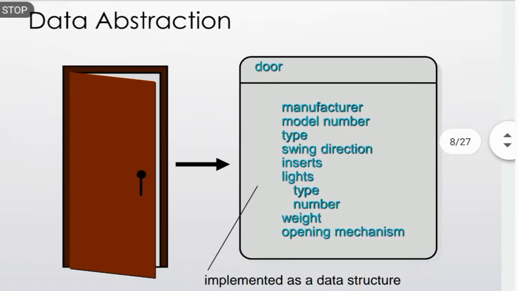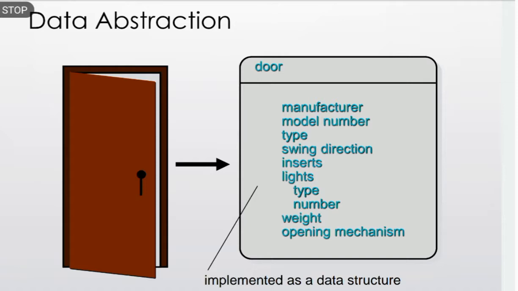Here, first of all, what is data abstraction? Data abstraction is a named collection of data that describes a data object. In the context of the procedural abstraction open, we can define a data abstraction called door.